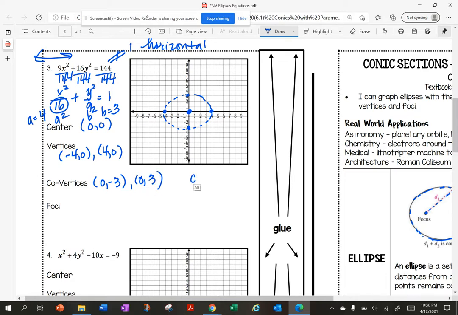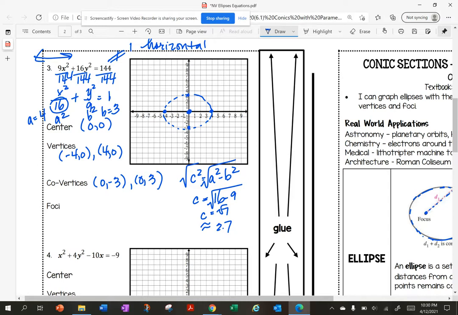For my foci, c squared is a squared minus b squared. I'm going to take the square root of both sides, so c equals the square root of 16 minus 9, which is the square root of 7, which is approximately 2.7.